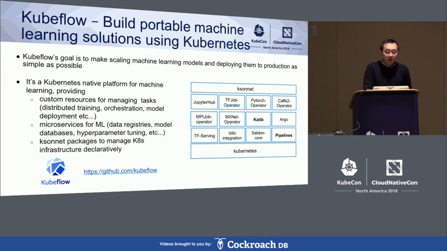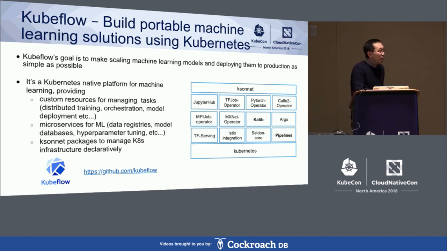Basically, Kubeflow is to build portable machine learning solutions using Kubernetes. Its goal is to make scaling machine learning models and deploying the models to production as simple as possible.